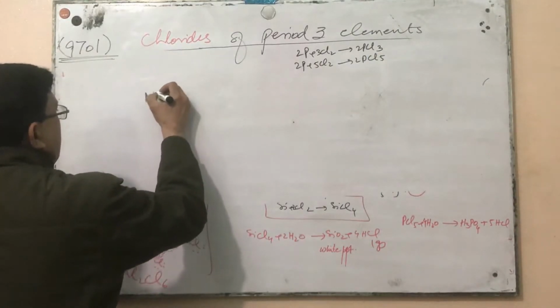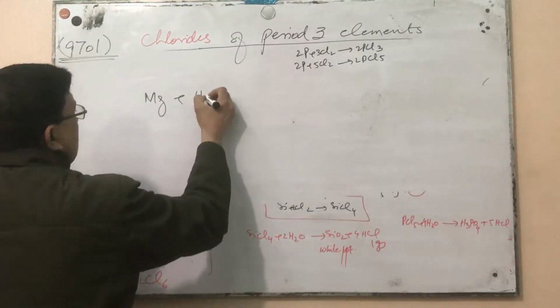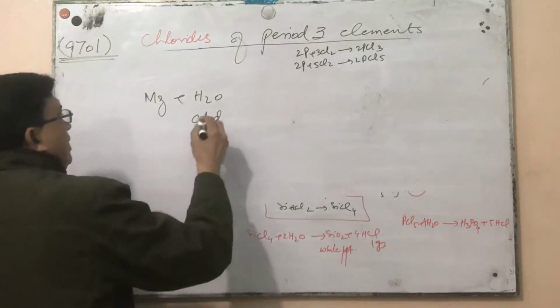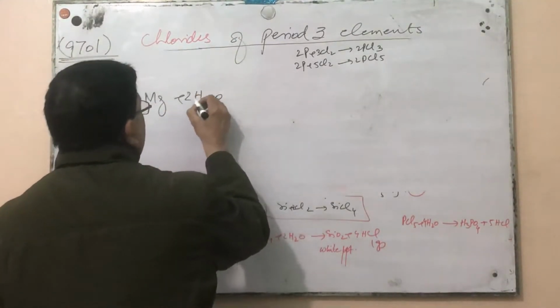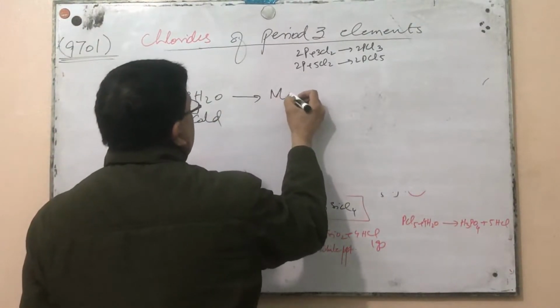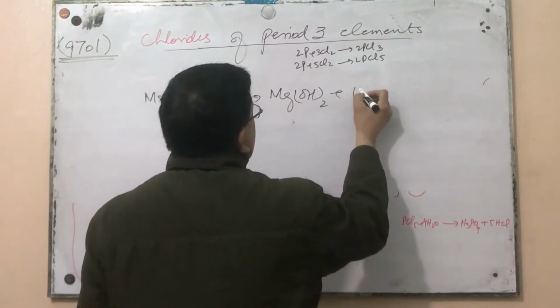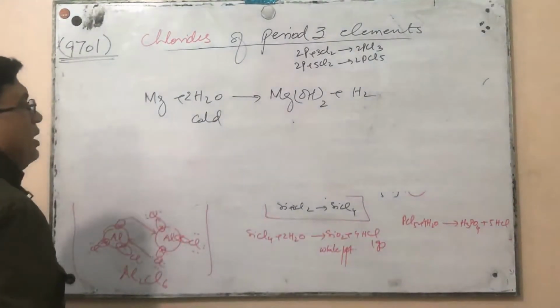If we treat magnesium with cold water, then it will produce magnesium hydroxide as a result of a very slow reaction, along with hydrogen gas.